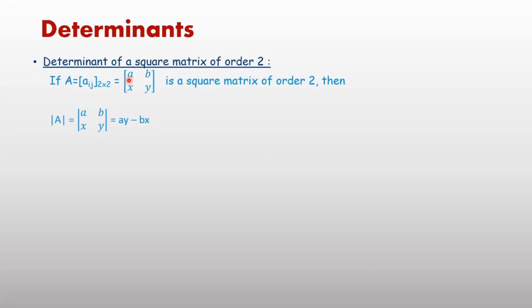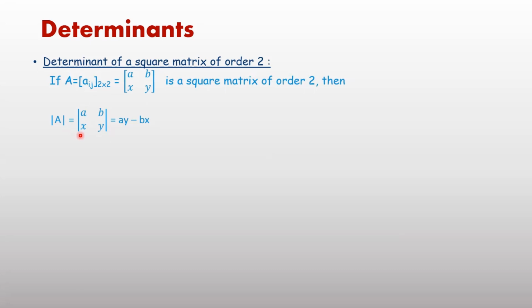Position of a means a11, or you can say the position of a is in first row, first column, b first row, second column, x second row, first column, and y position is second row, second column. The order of the matrix is 2. One more thing to remember, if only order 2 is written, it implies order is 2 by 2, meaning number of rows equal to number of columns equal to 2.